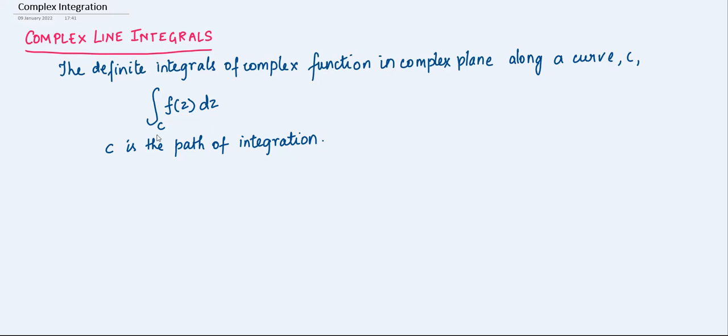Now, sometimes the path of C, the curve C, can be parametrically represented like this.